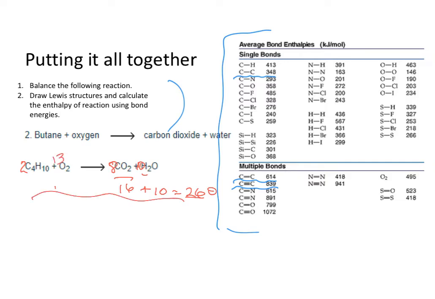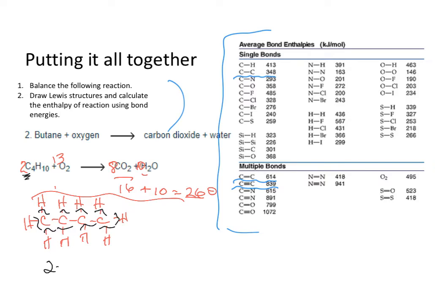Alrighty, so now let's get bond energies. I'm going to start out by drawing all of the Lewis structures. So here is butane. And I have 10 times 2 carbon-hydrogen bonds. All right, 1, 2, 3, 4, 5, 6, 7, 8, 9, 10, and I have 2.